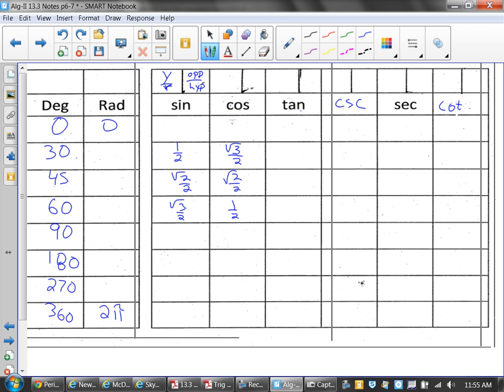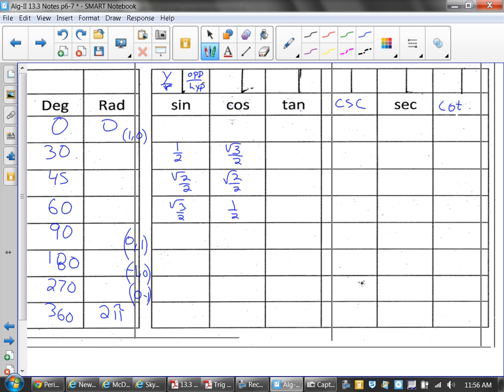When you get to your quadrantals, remember, that's just using ordered pairs. The ordered pair at 0 is 1, 0. The ordered pair at 90 is 0, 1. At 180, -1, 0. 270, 0, -1. If you use the ideas of x's and r's, or x's and y's, and r over x, and all that, setting up whether sine is 0, 1, or undefined is very simple.